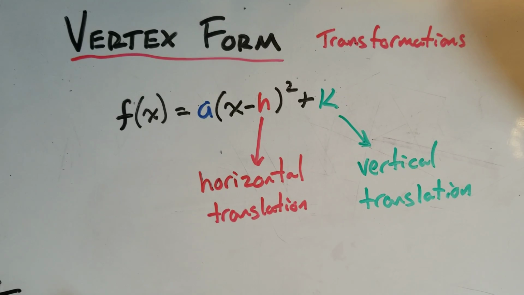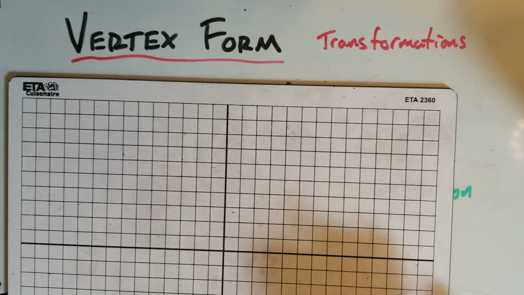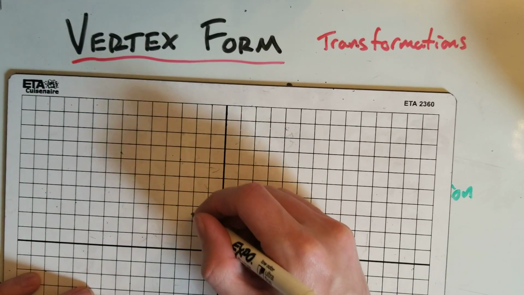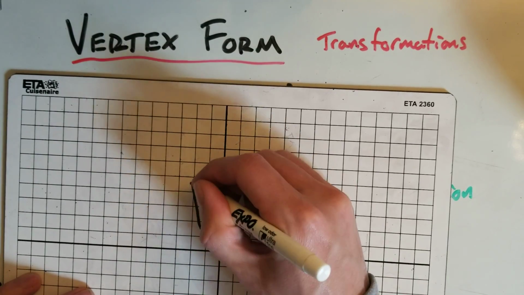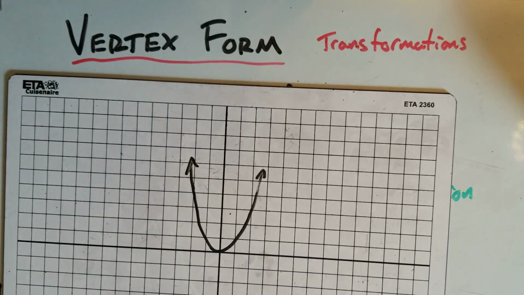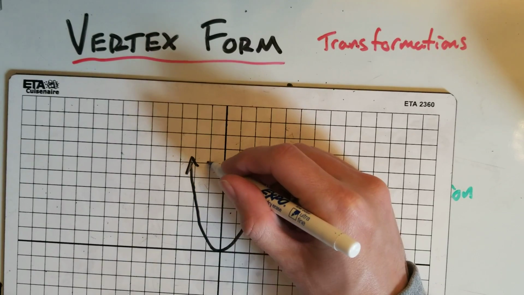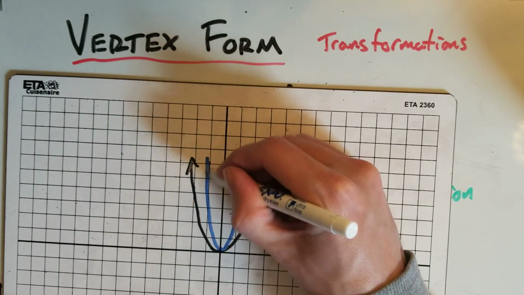The next type of transformation that we're going to see is called a dilation, and we talked about these a little bit yesterday. A dilation would be like, let's say this is our parabola. A dilation can do one of really two things. It can make the graph more narrow, or it can make the graph wider. So a dilation that's going to make the graph more narrow would look like this.